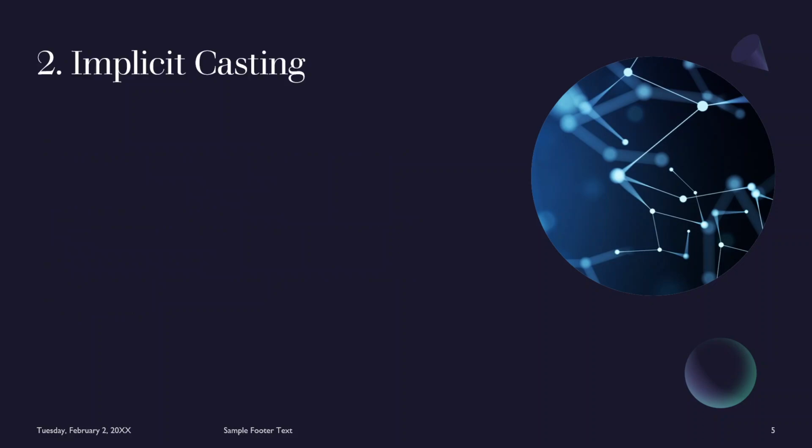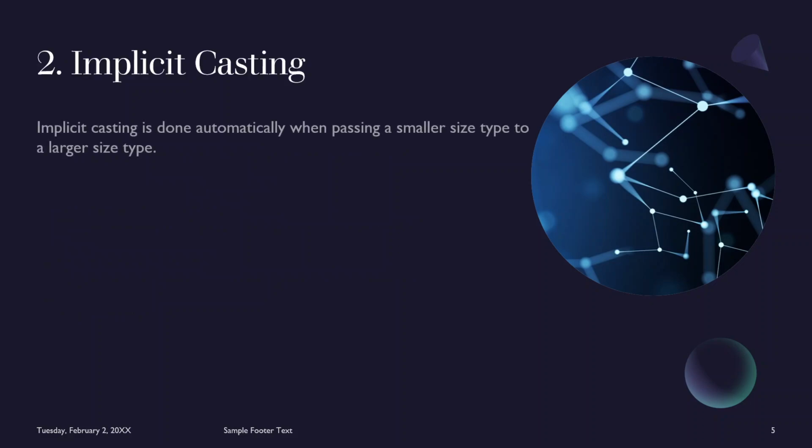So we have now implicit casting. Implicit casting is done automatically when we are passing a smaller size type to a larger size type. An example of this is illustrated below. Let's say on my console I were to write int myInt equal to 9 and double myDouble equal to myInt. This is my input.